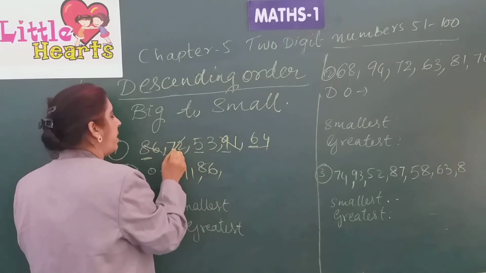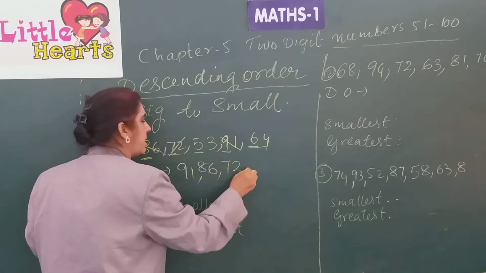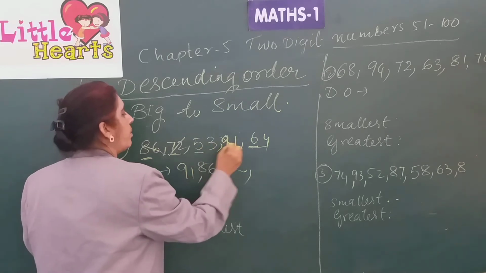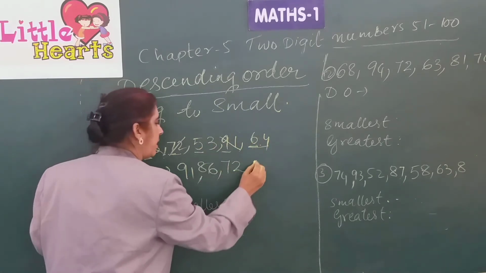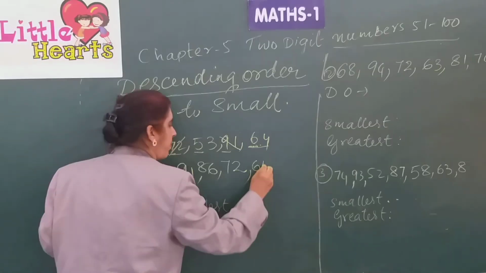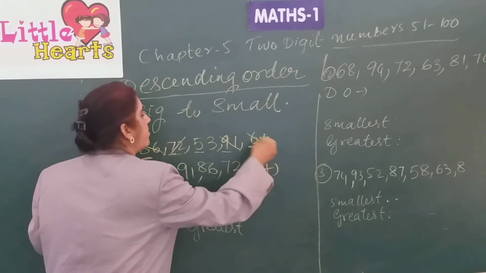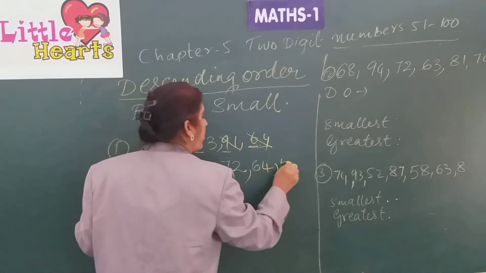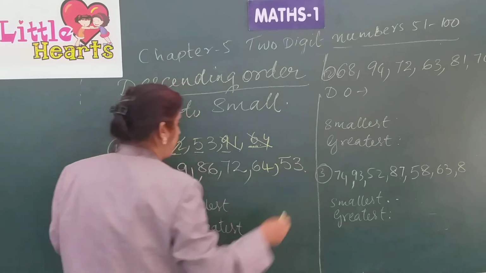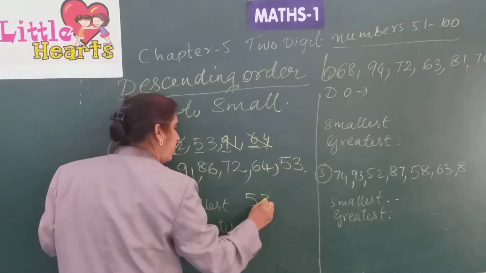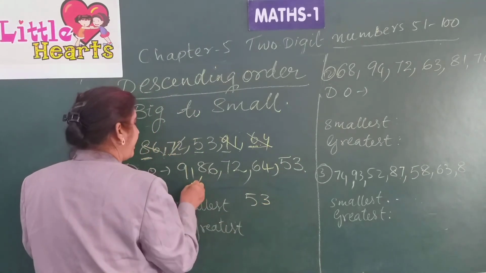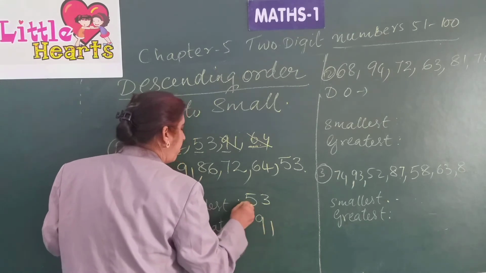This comes 7 in the tens place, this comes next, 72. Among 53 and 64, 6 is in the tens place, 6 is bigger. So 64 comes next. The smallest number is 53. Smallest is 53 and greatest is 91.